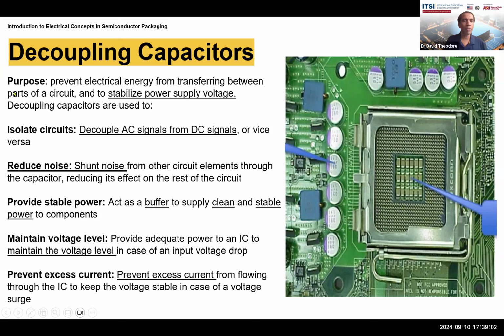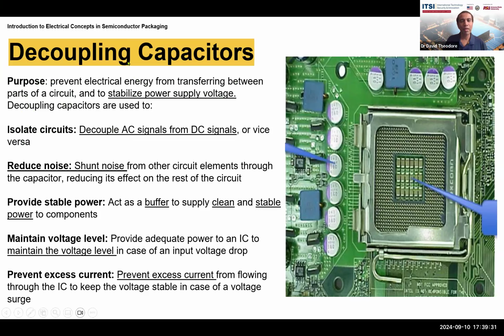So the purpose of the decoupling capacitor is to prevent electrical energy from transferring between different parts of a circuit and to stabilize the power supply voltage. A significant component of this are the decoupling capacitors. What they do is they decouple separate parts of a circuit, or separate regions that are generating signals. So they isolate circuits.